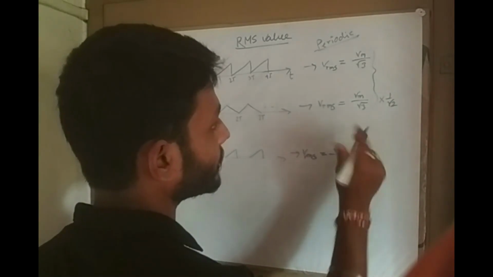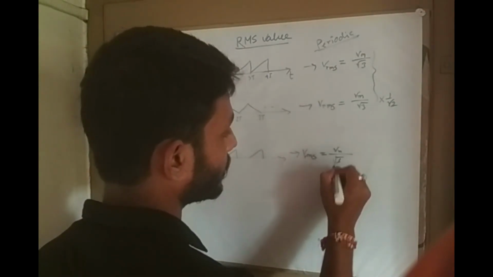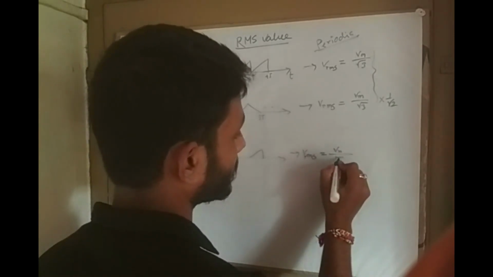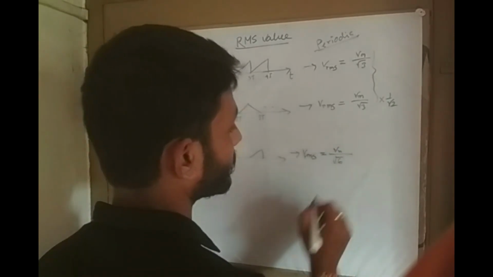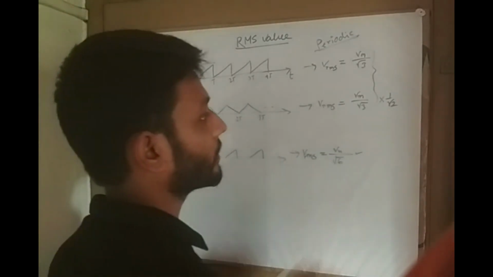Now the value comes to Vm divided by root 6. This is the RMS value of half wave triangular signal. Okay.